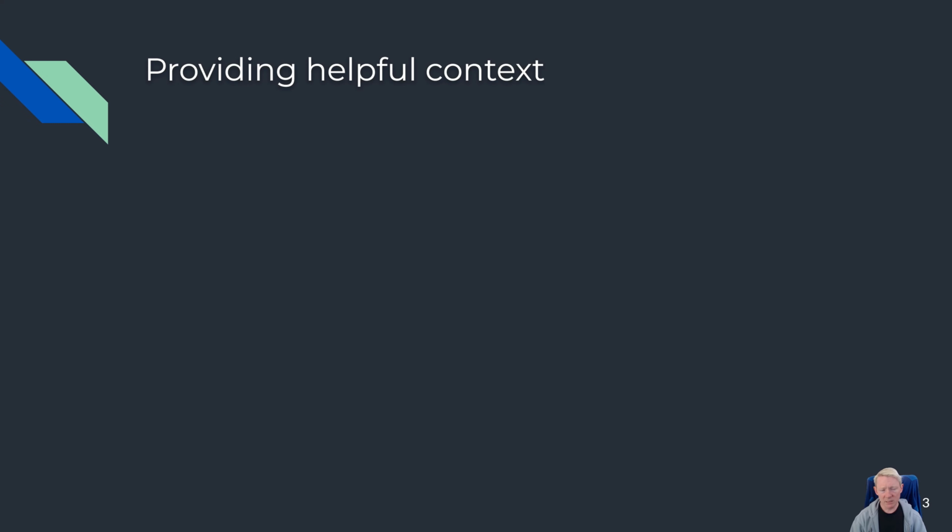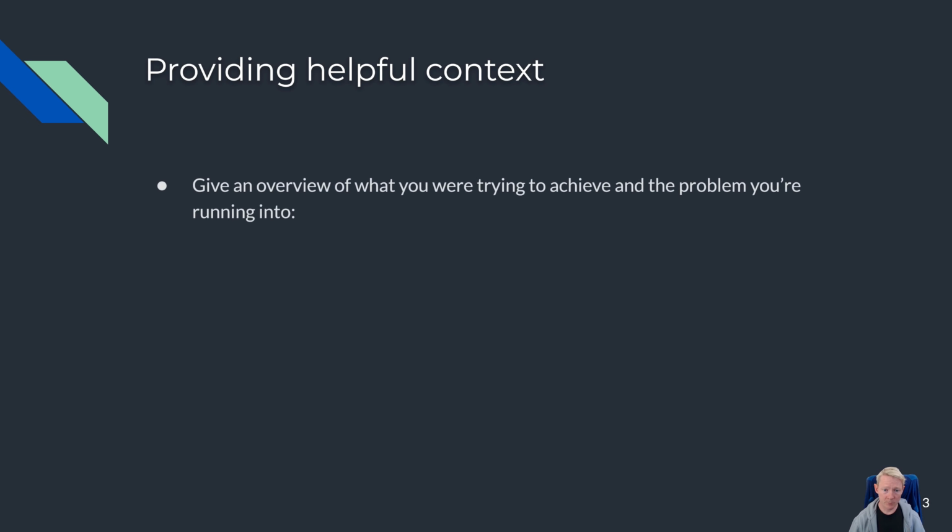So, okay, let's talk about providing helpful context, because this is key to asking a good question: providing context that is going to help and facilitate the person or people you're asking in being able to help you. So, big thing, give an overview of what you were trying to achieve and the problem you are running into.